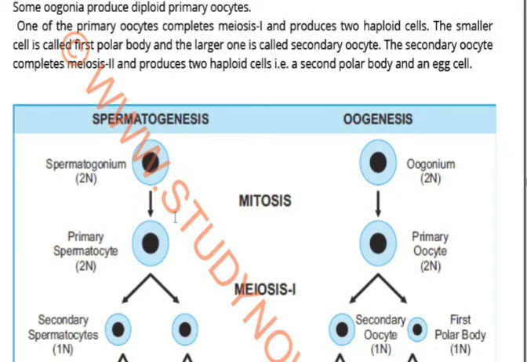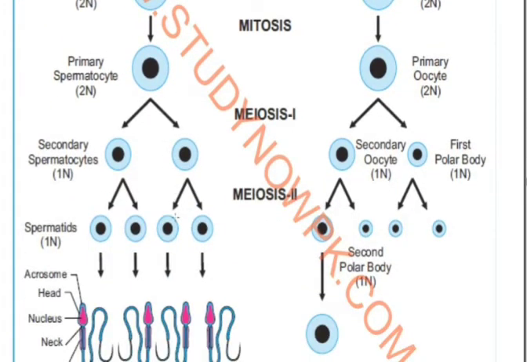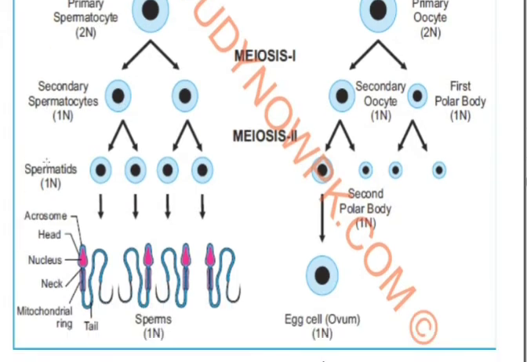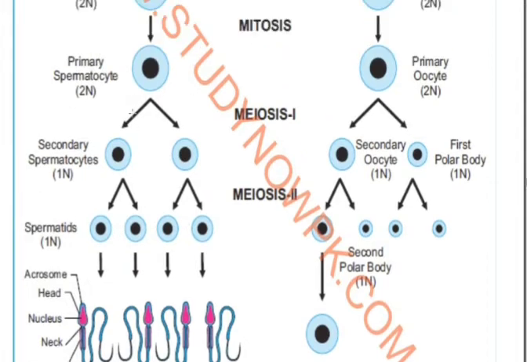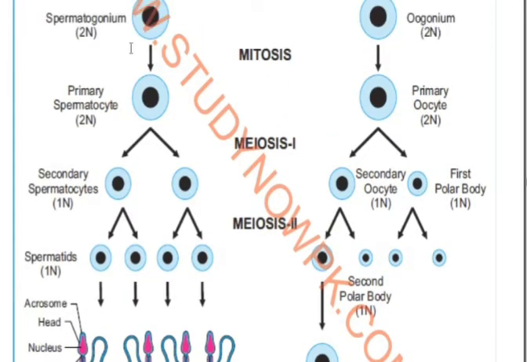See here, if you see the diagram, first of all, it was a spermatogonium which was diploid, then it changed itself into primary spermatocyte, which is again diploid, then it became haploid for the formation of secondary spermatocytes, and as a result, they gave rise to spermatids. See here, first of all, with the help of mitosis, spermatogonium changed into primary spermatocyte.